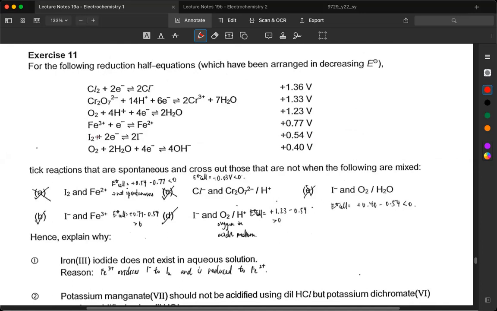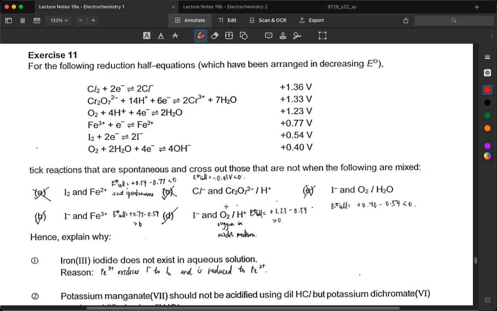Obviously I2 has to be reduced because I2 is the species here. So the other one has to be the one that is oxidizing. So you take this minus this, which is less than 0. So it's not spontaneous. Then for B, I minus and Fe3+. I minus is here, so this will be the oxidizing one. The Fe3+ is the reduced. So 0.77 minus 0.54. Yes, possible.